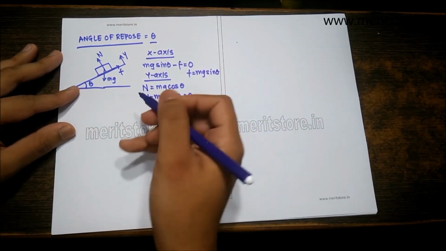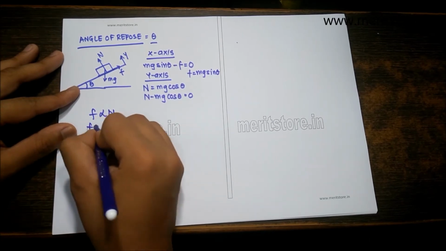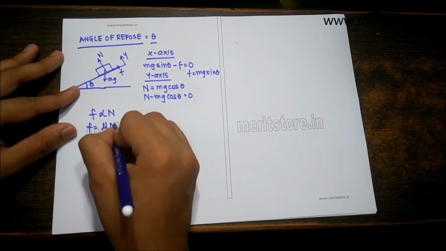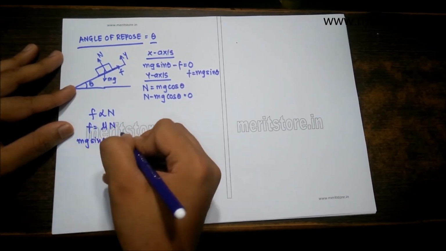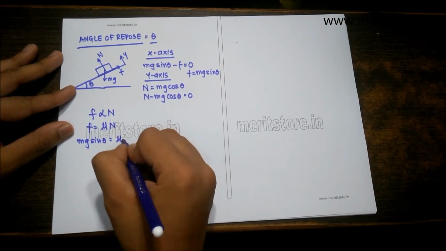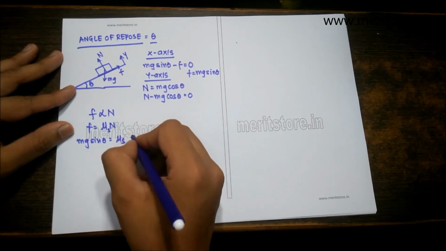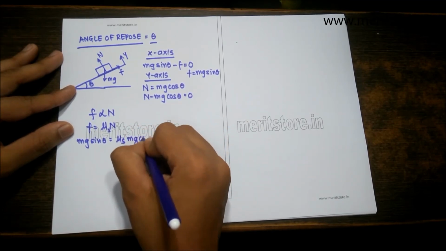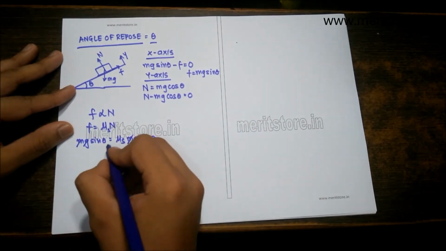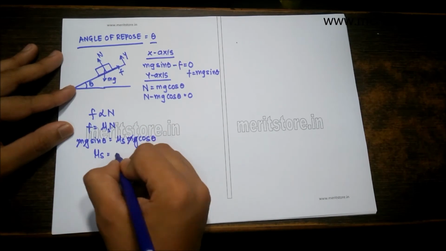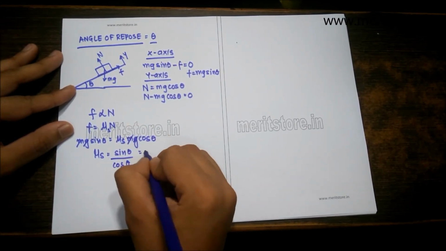But we know that F is directly proportional to N. So F is equal to mu times N, which means that mg sin theta is equal to mu s times N, that is mu s times mg cos theta. Once we get rid of the common terms, we get mu s is equal to sine theta upon cos theta, which is equal to tan theta.